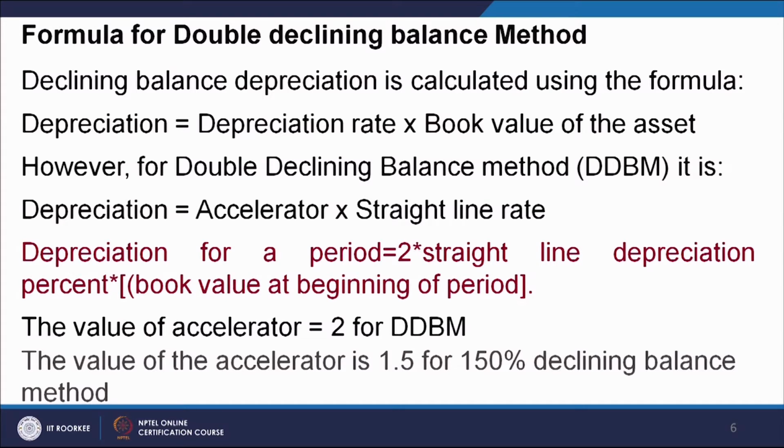The value of the accelerator factor is 2 for the double declining balance method. The value of the accelerator factor is 1.5 or 150% in a 150% declining balance method.